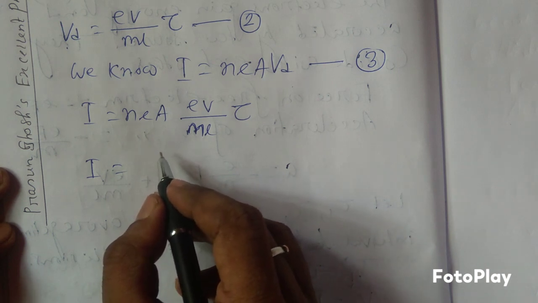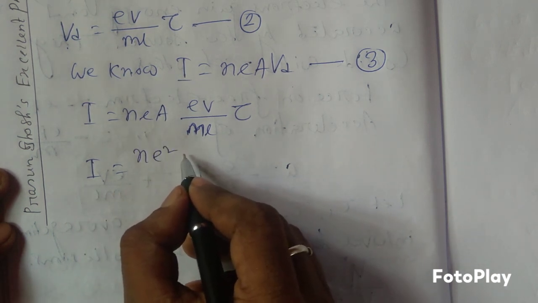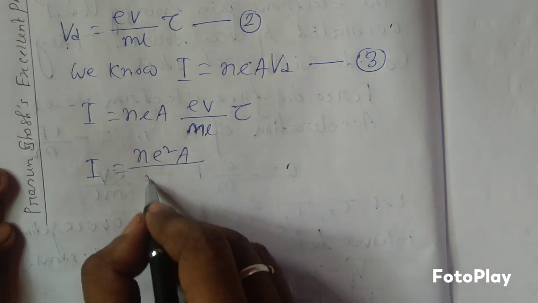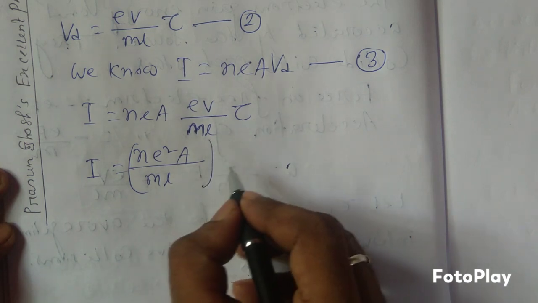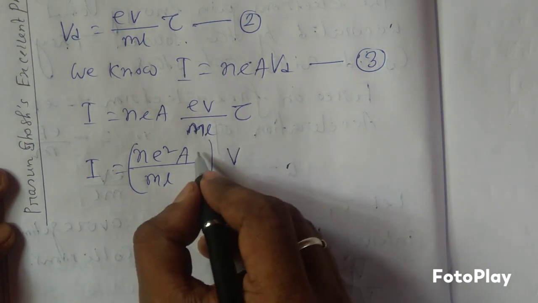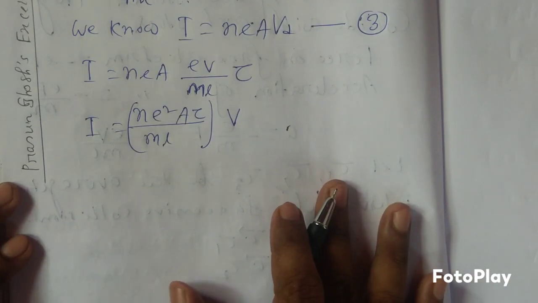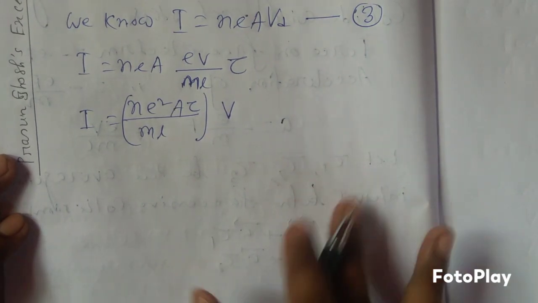So we get the value N square A by ml into V multiplied by tau. So this is the relation.